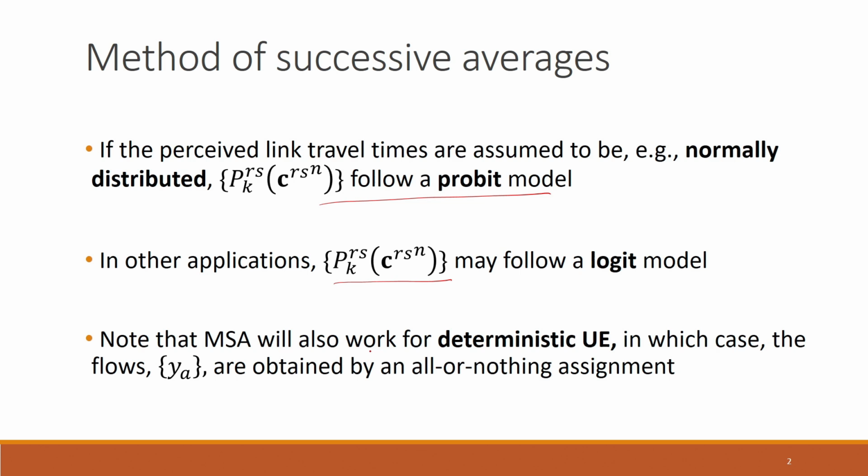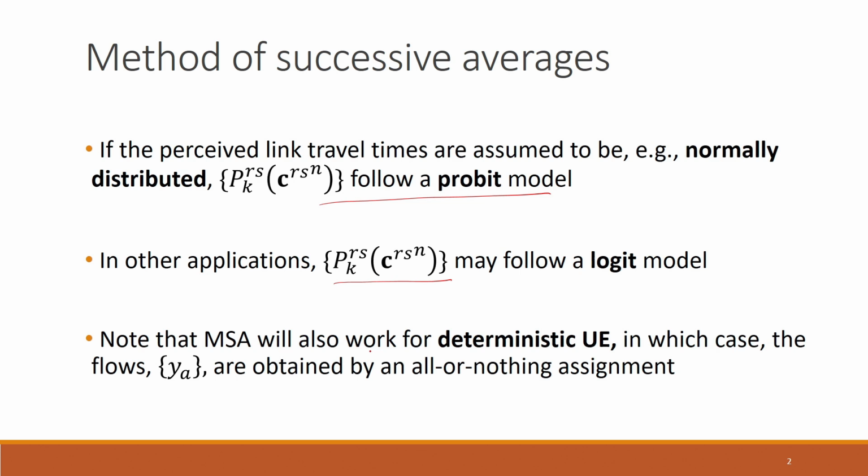So, if this algorithm is applicable for the stochastic user equilibrium problem, definitely it will be able to solve the deterministic user equilibrium problem. Okay, so when the error terms associated with the travel times are 0, then this stochastic user equilibrium case boils down to the deterministic user equilibrium case, and therefore the method of successive averages will directly apply.